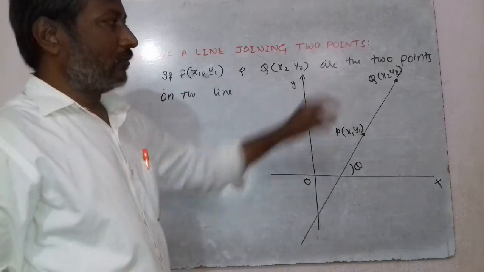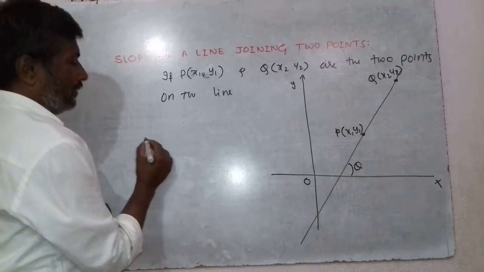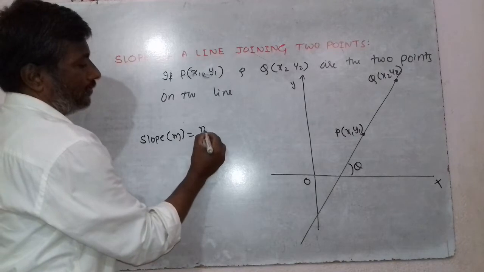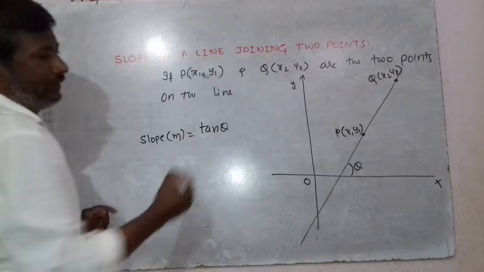To find the slope of this line, we already know that slope m equals tan theta.